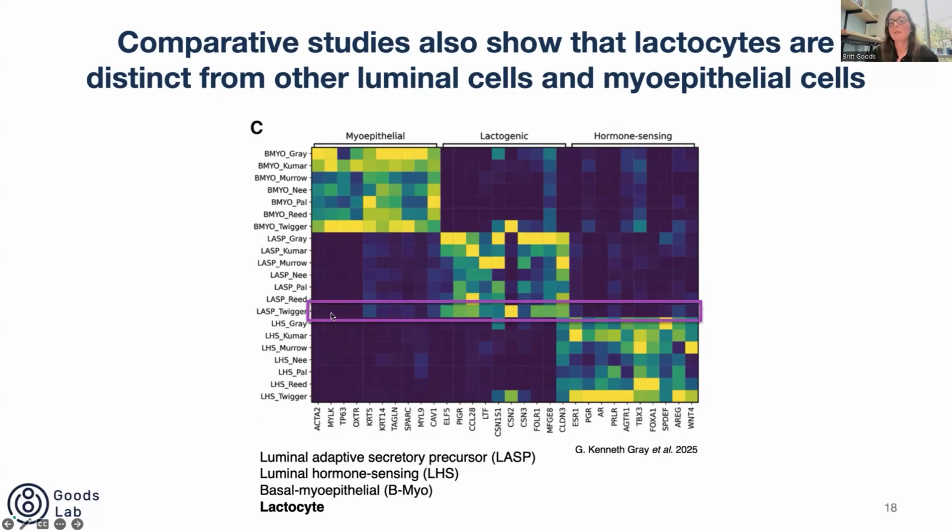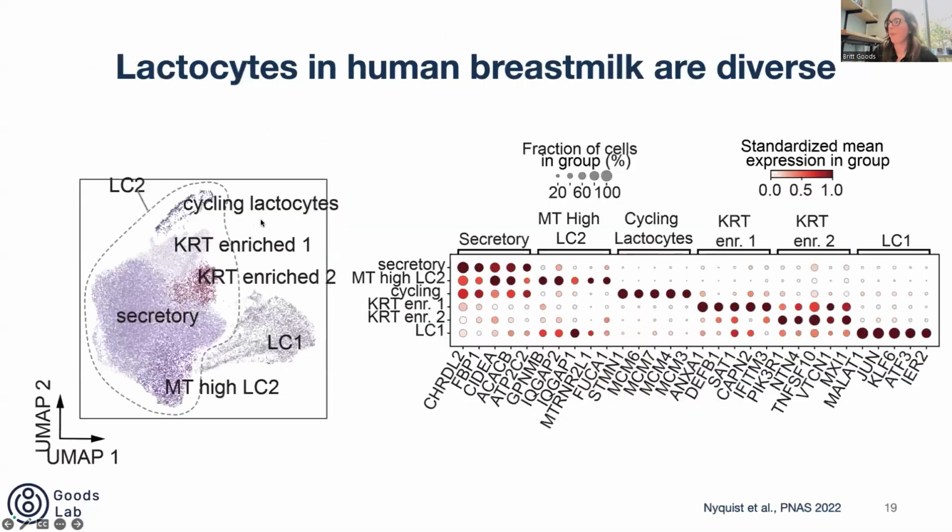For the purposes of this talk, what I wanted to highlight is this box that shows a few different marker genes for each of these different cell types from these different studies, and here are the cell types up here: myoepithelial, lactogenic, or hormone sensing, where hormone sensing are the cells that are more responsive to hormones. And what you can see is that the lactocyte cells do appear to be quite distinct, even when compared to other studies.